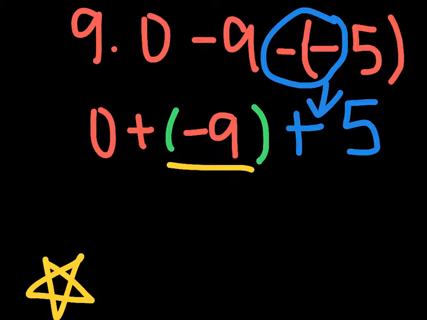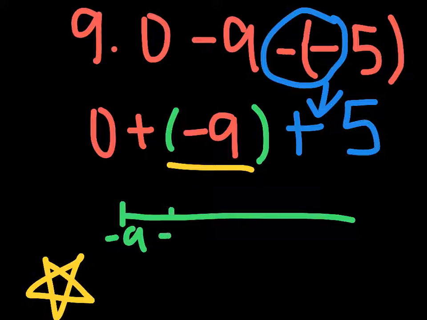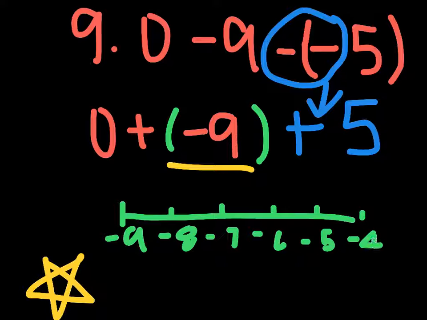Let's get our number line so that we can be able to see it a little bit better. Number line, we have negative 9, negative 8, negative 7, negative 6, negative 5, negative 4, negative 3. Right, so start at negative 9, or you can go to 0 to 9. I'm just going to start at negative 9.